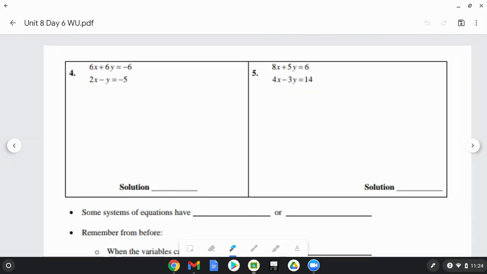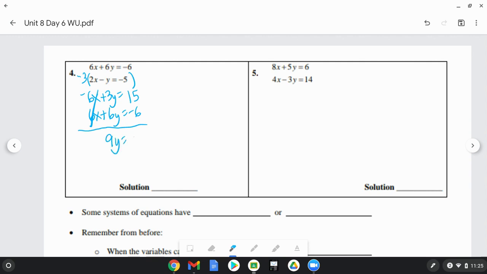So if we take a look at number 4, I noticed that the x's or the y's can be multiplied by easily. So let's take care of the x's. If I multiply by -3, that gives me -6. So I have -6x plus 3y when I distribute, this equals 15. I'm going to put my answer from the top down below. And now I'm going to look to see if I add them together, what do I get? So the 6x's are gone.